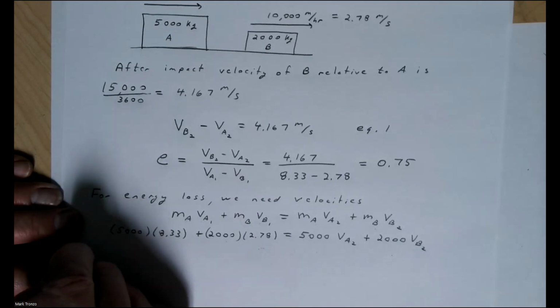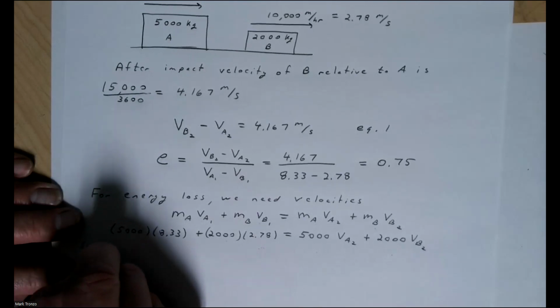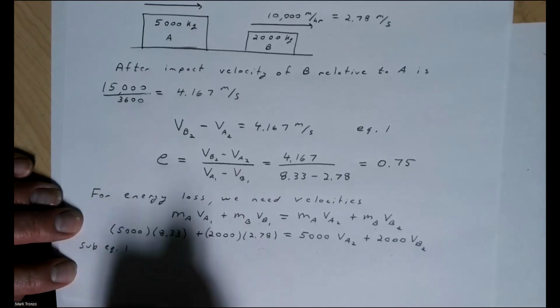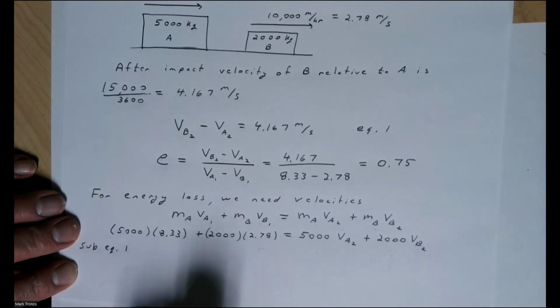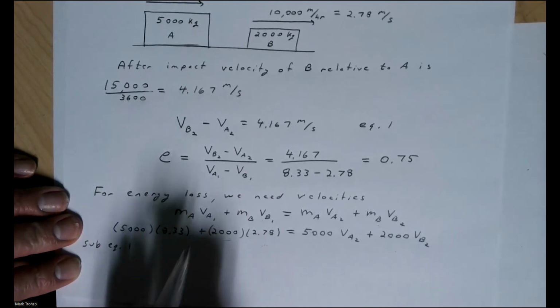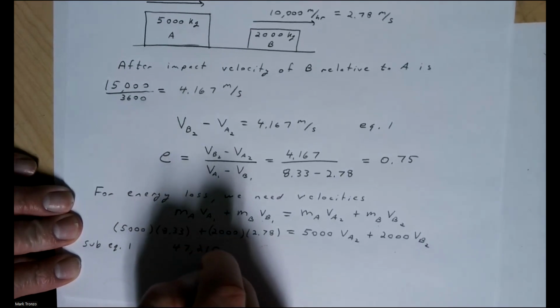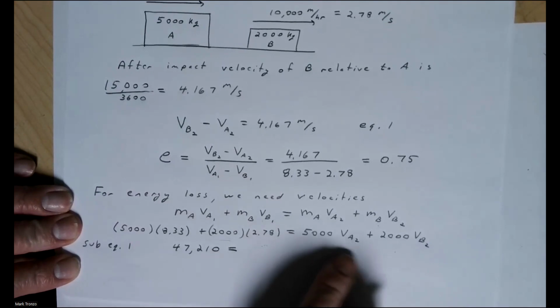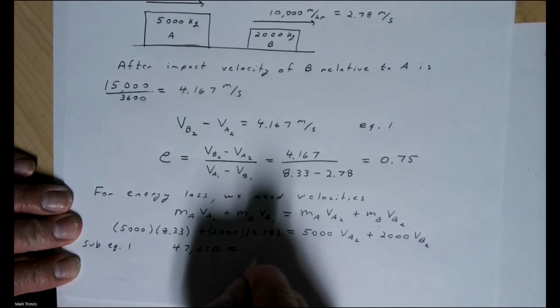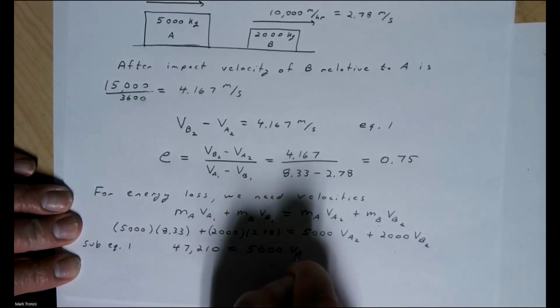So let's substitute equation 1. On the left here, this all comes out to 47,210. And on the right, this is going to be 5,000 VA2.